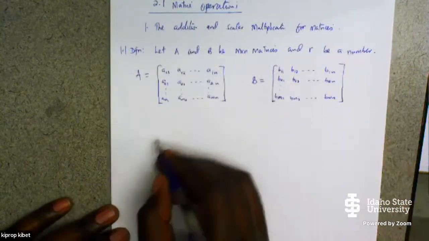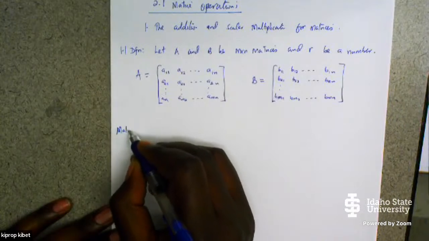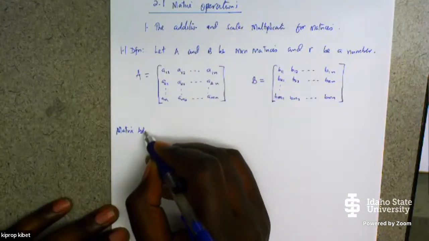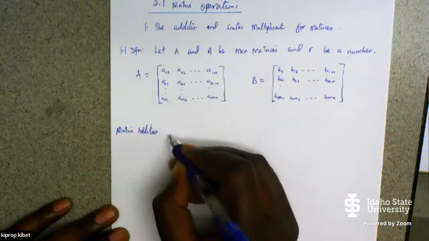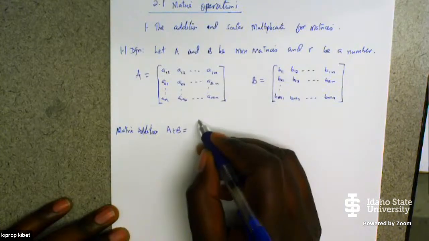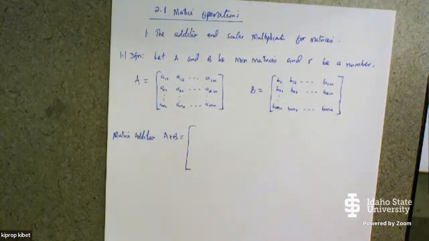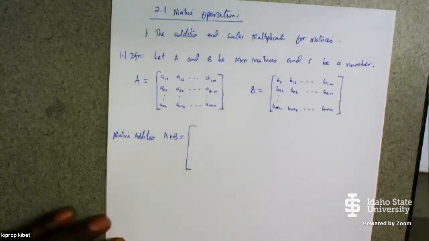Then the matrix addition, A plus B equals, so we are basically adding the entries there. Since this is an M by N, we add the entries here.